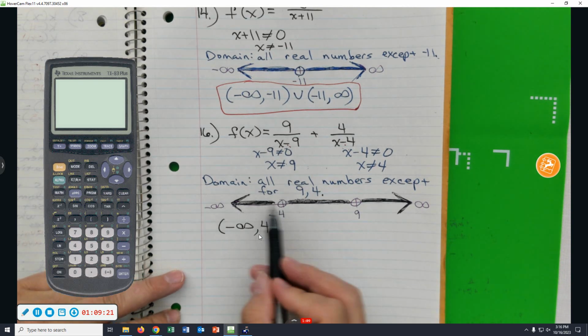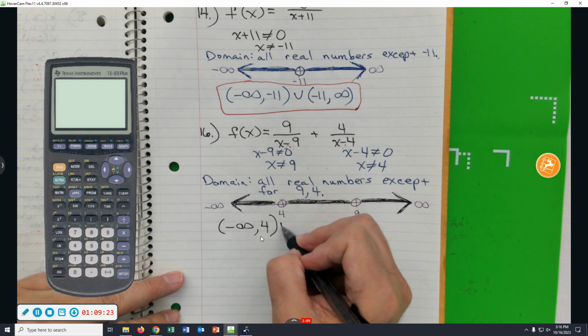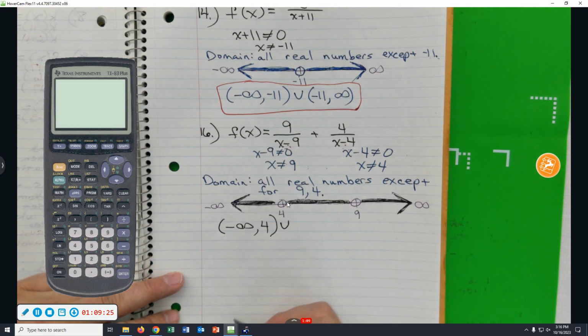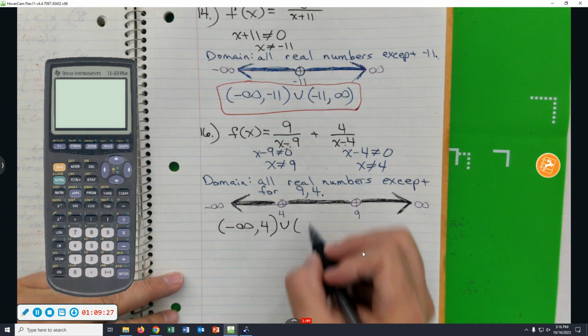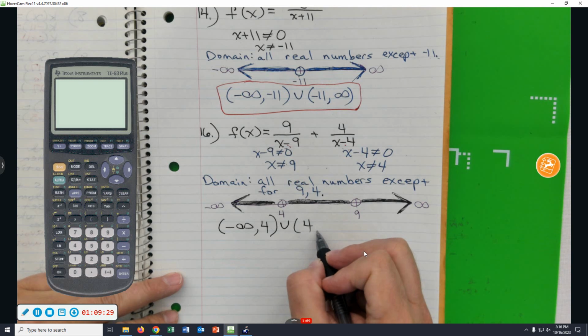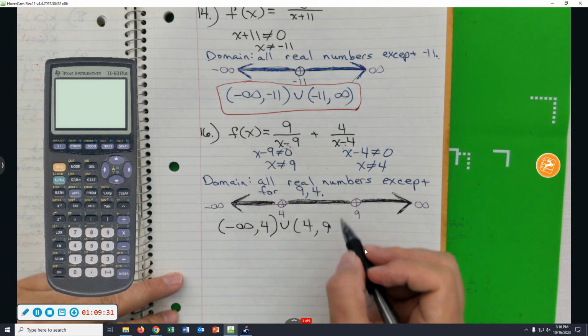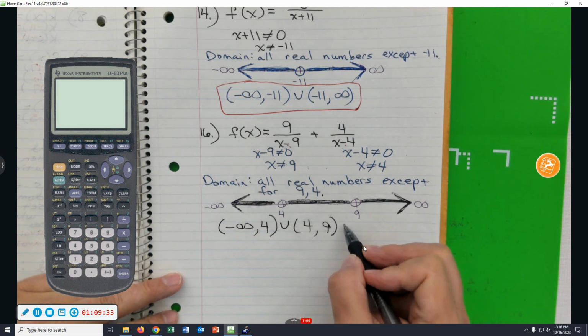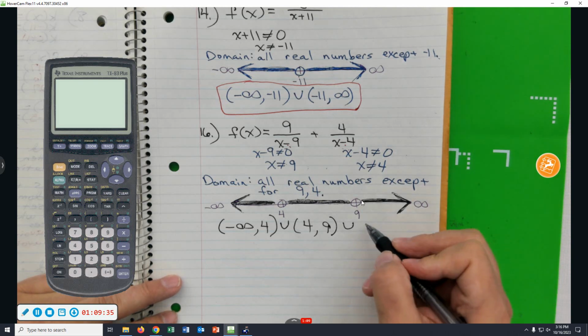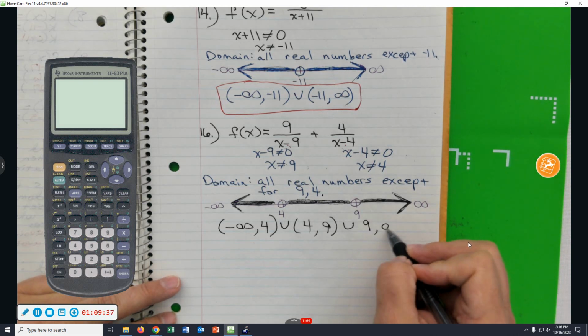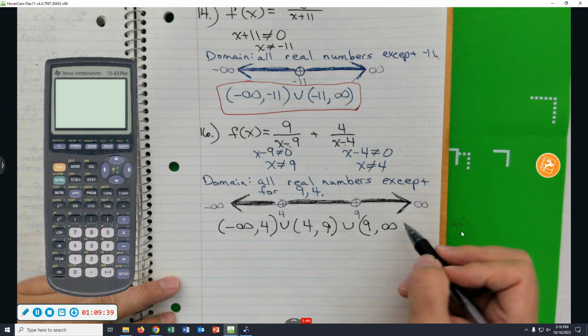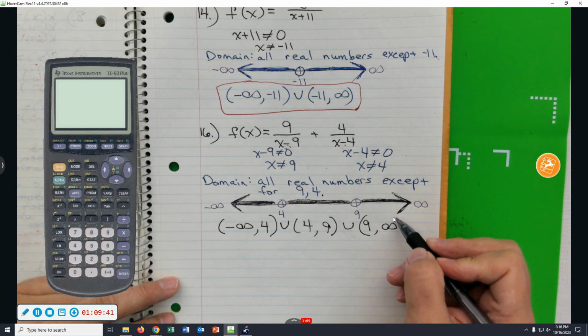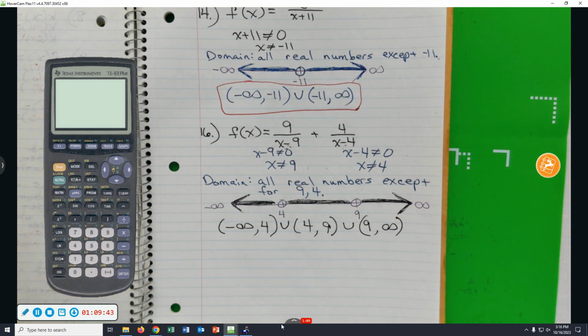That's saying everything to the left of 4, or, parentheses, 4, comma 9, or parentheses 9, infinity.